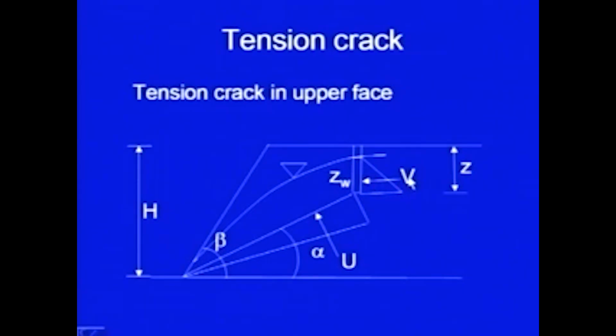So, this V is, let us say, the pressure due to water. This ordinate will be 0 here and gamma W into Z W at this place, and the area of this triangle, that means half into gamma W into this height into this ordinate, is going to give you the water pressure which is acting at 1 meter length of this tension crack.